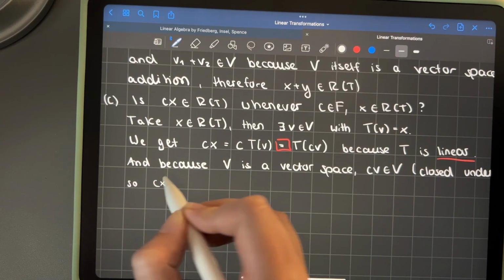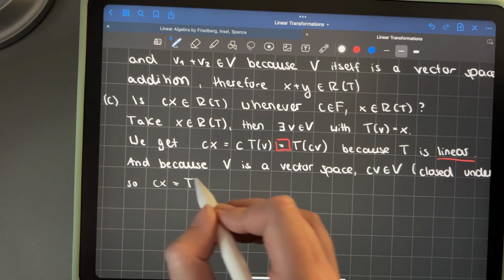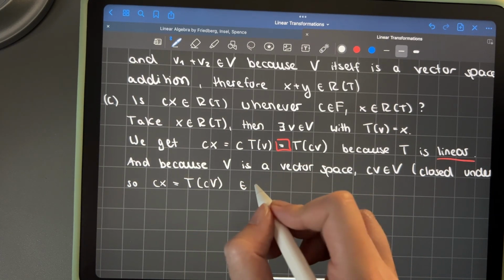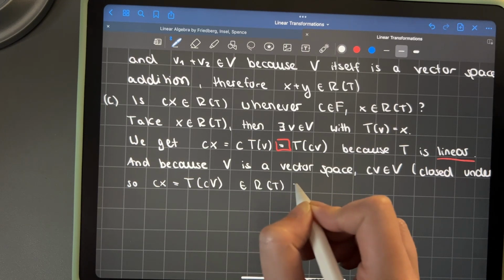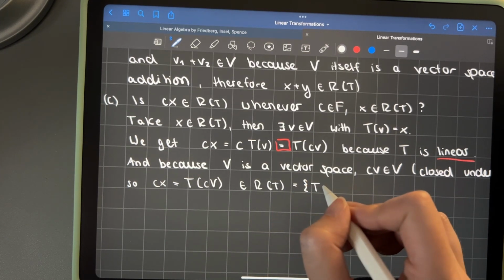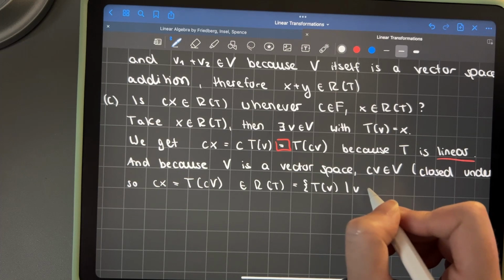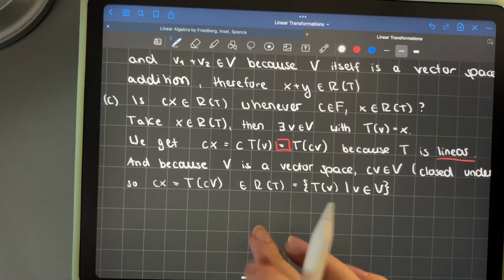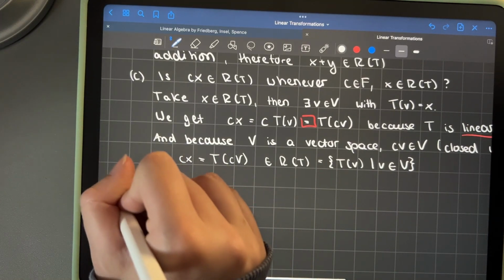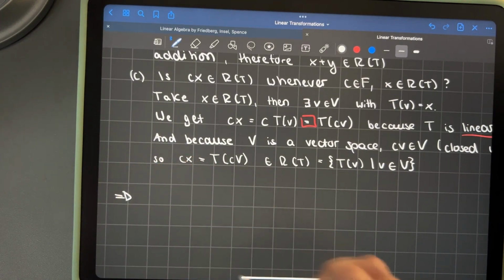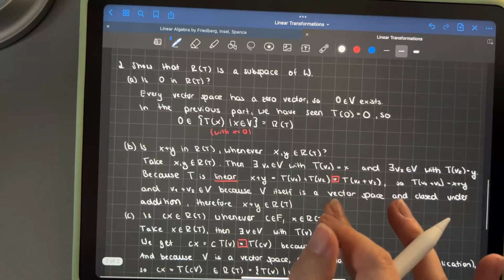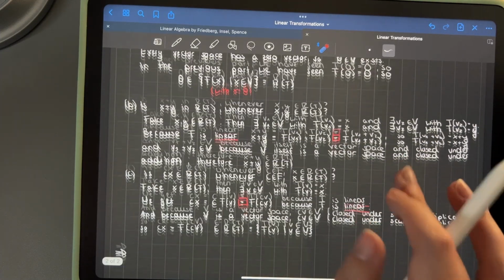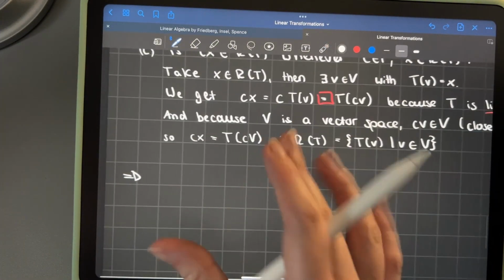So cx is T of cv, and that makes it part of the image, which is defined as T of v for all entries of V. So we have also proven now that R(T) is a subspace of W. So we're done with the theorem.